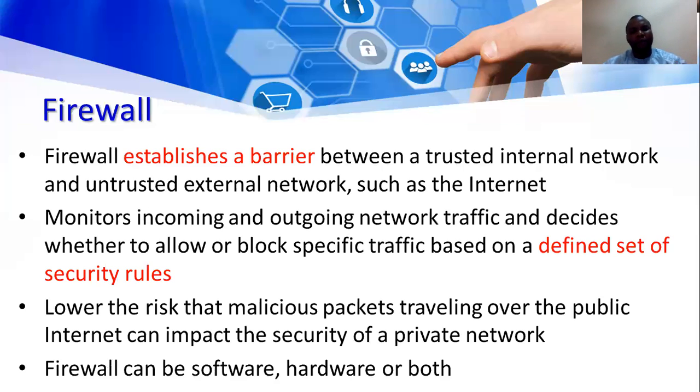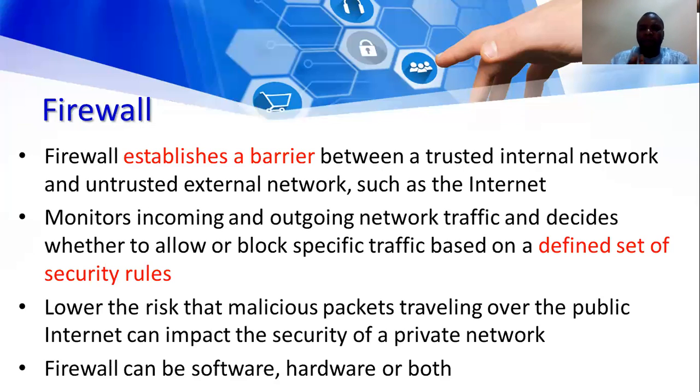And a firewall is nothing but a device on which you define a set of rules that will take care of the security on the network. So a firewall monitors incoming and outgoing network traffic and decides whether to allow or block specific traffic based on the defined set of security rules.